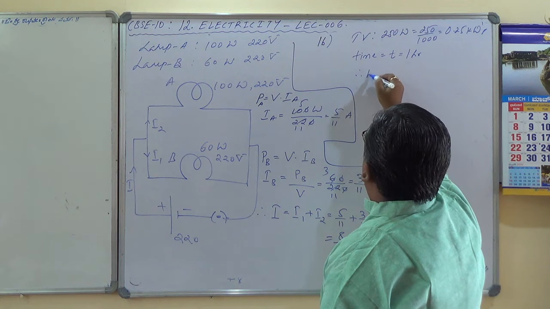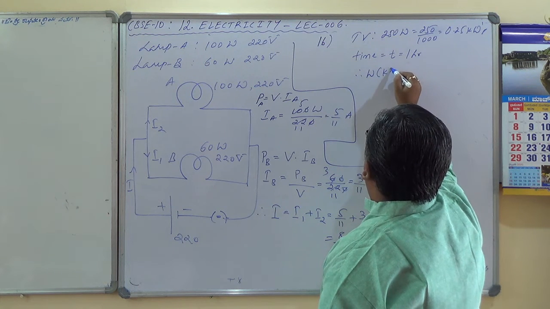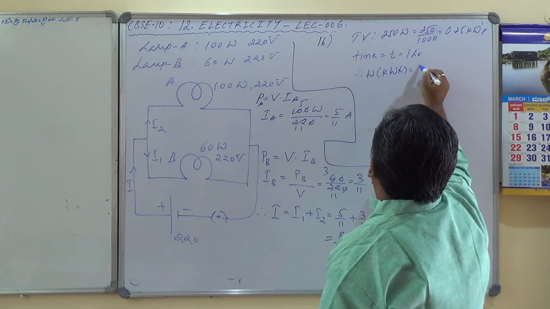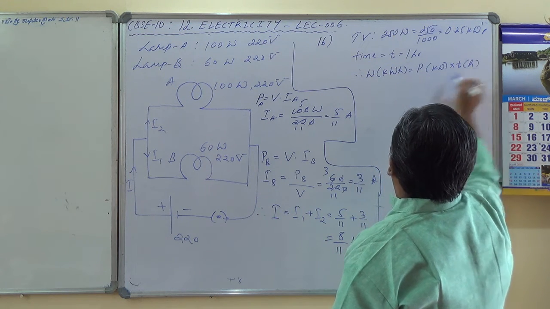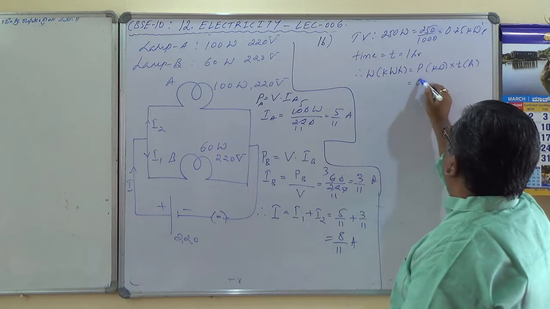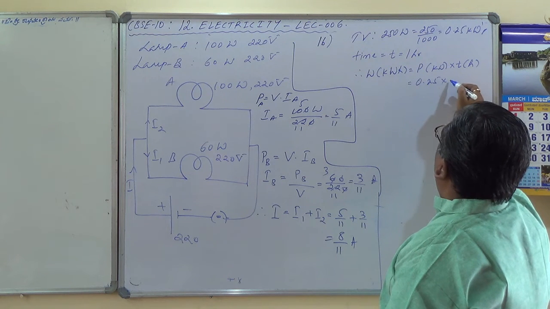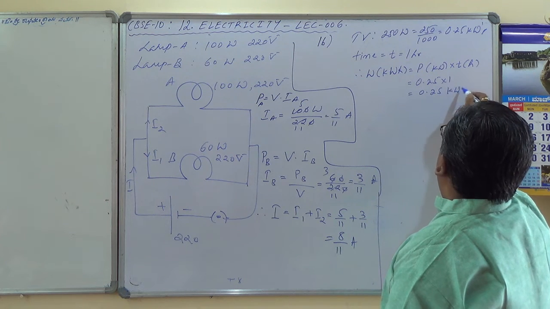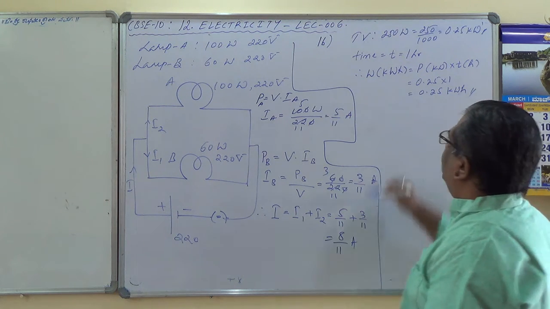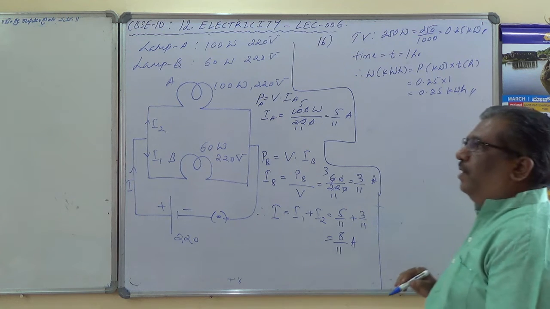Therefore, energy consumption in kWh equals power in kilowatt into time in hour, which equals 0.25 into 1, which equals 0.25 kWh. First case, this is with respect to TV.